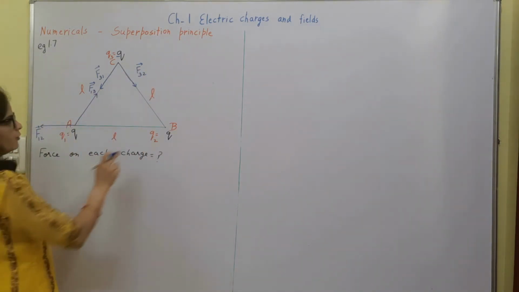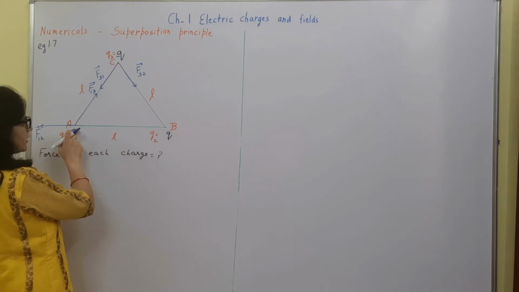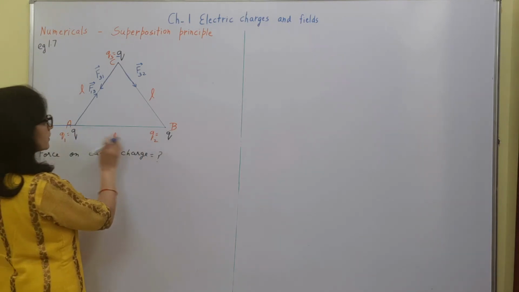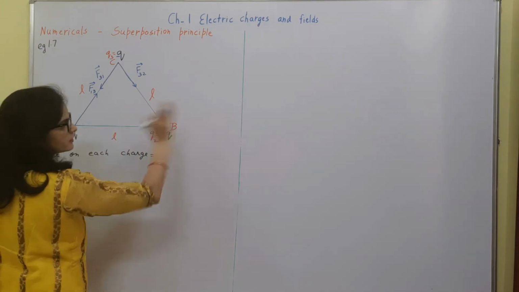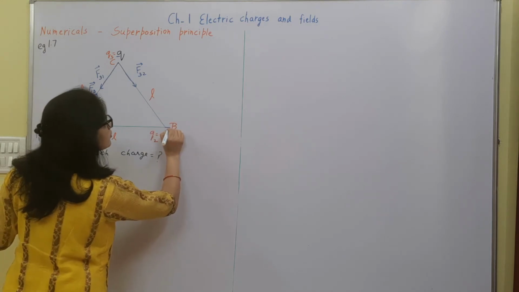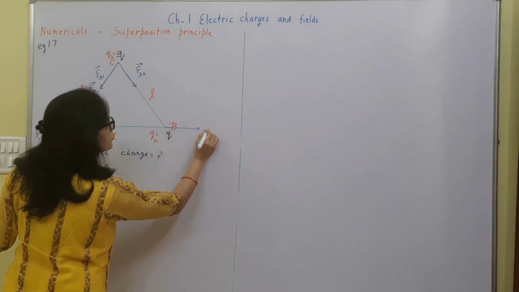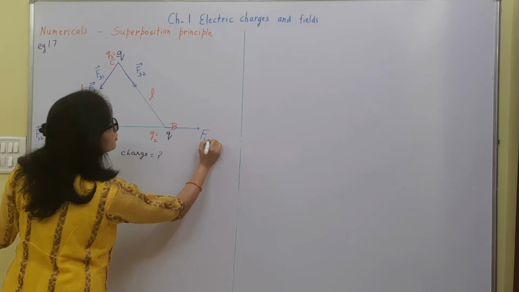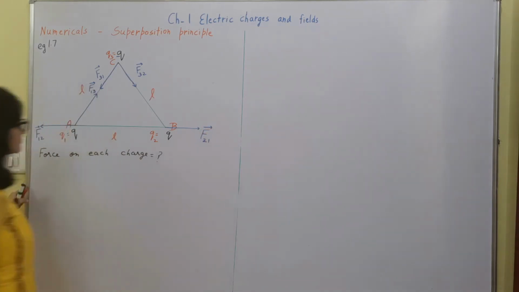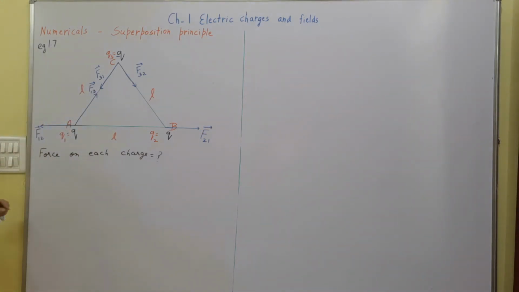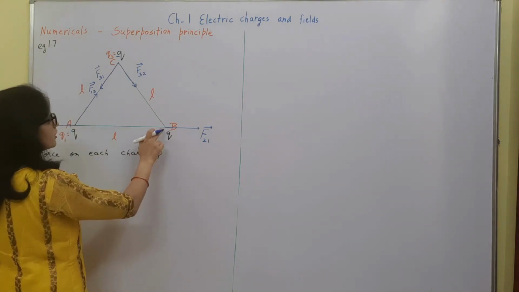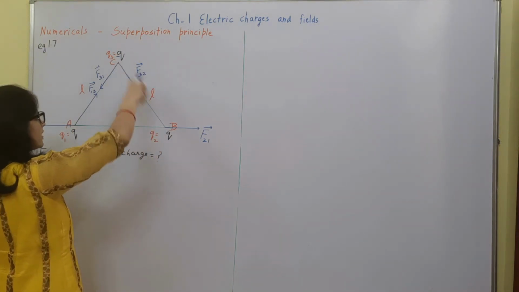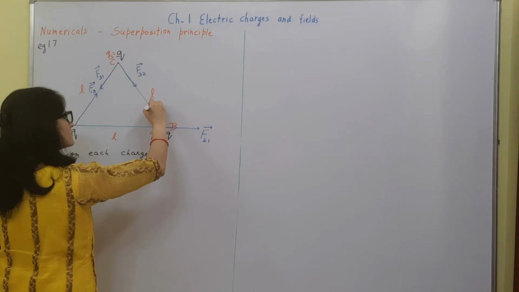Now, force on 2 due to 1, both are like charges. So this charge 1 will repel it away from it. So this will be the direction of force on 2 due to 1. Right? Now, force on this due to this charge will try to bring it towards itself.